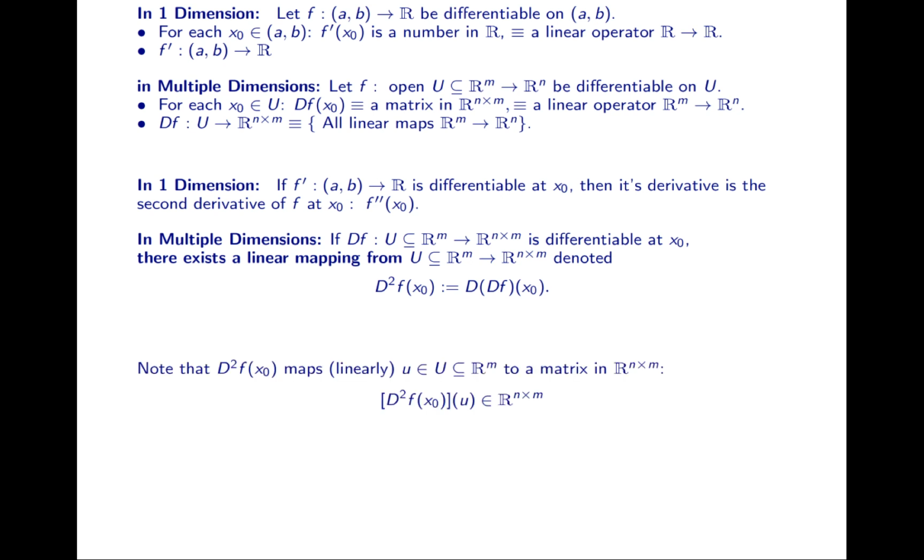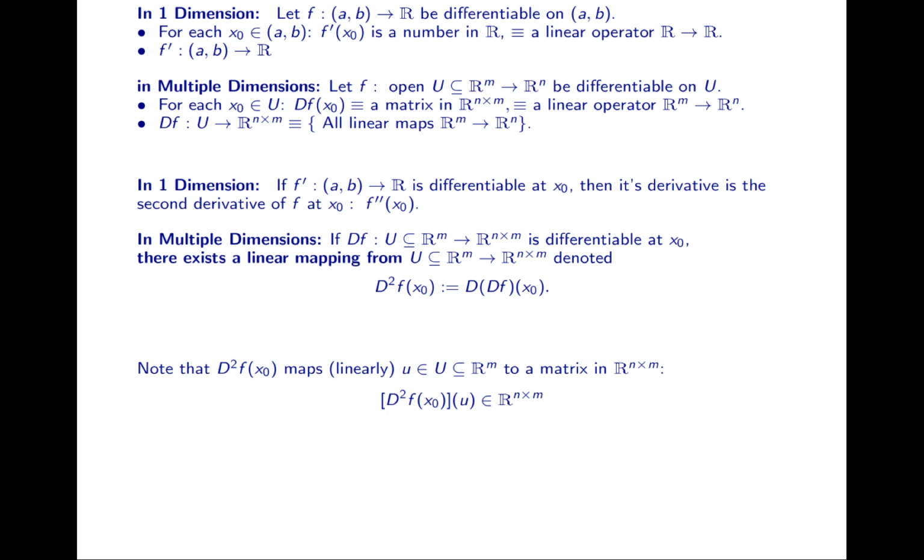The second derivative at a point, right? So the second derivative, when evaluated at a single point, is a linear map. Just like the second derivative of a calculus 1 style function at a point is a number. The second derivative of f at a single vector x naught is a linear map.